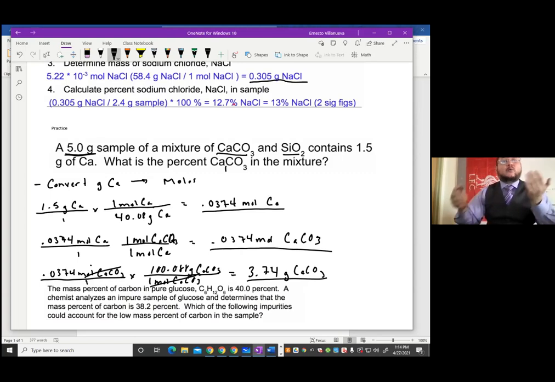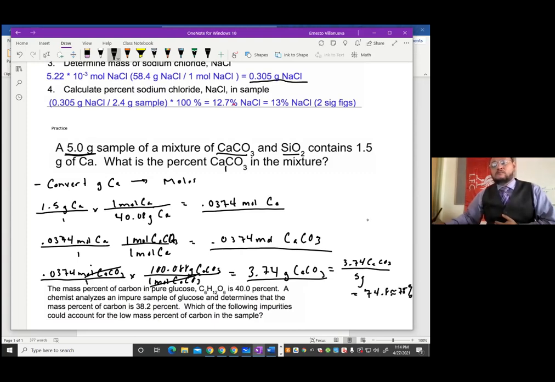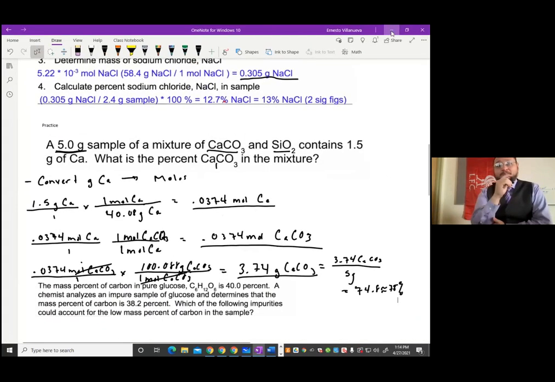So if I want to figure out what the percent is, I just take the 3.74 of calcium carbonate and divide it by the whole sample. You should end up somewhere along the lines of 74.8 or 75%. Okay, that's the percentage of it.